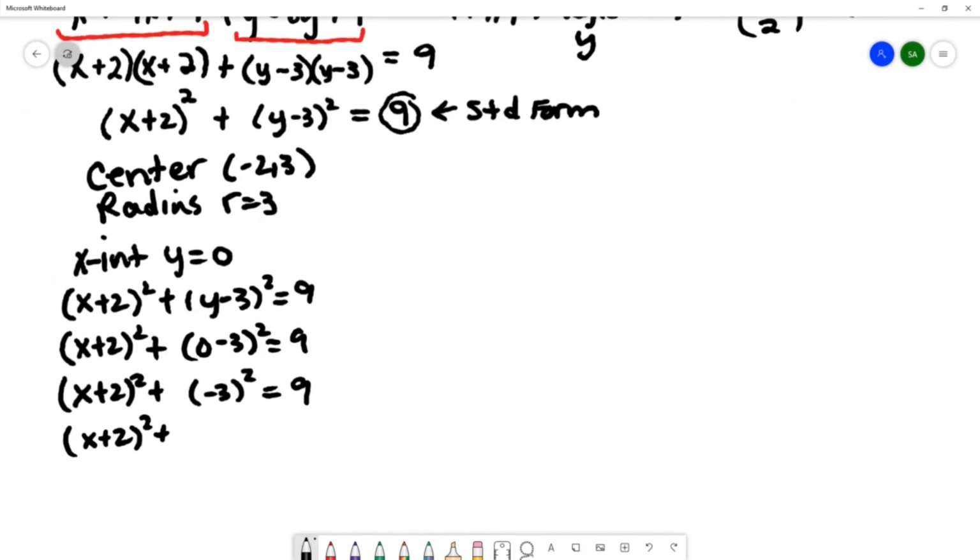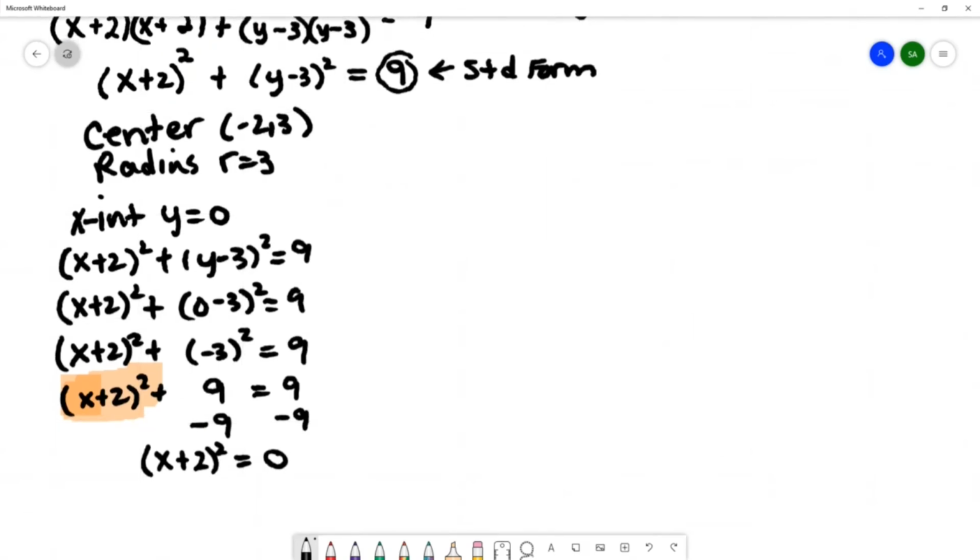And then negative 3 squared is a positive 9. And I'm going to use a method called the square root method to solve this equation. In the square root method, you isolate the square and everything that it's attached to. So isolating it means I want it to be the only thing on one side of the equation. So I'm going to subtract 9 so that I can isolate the square and everything it's attached to.